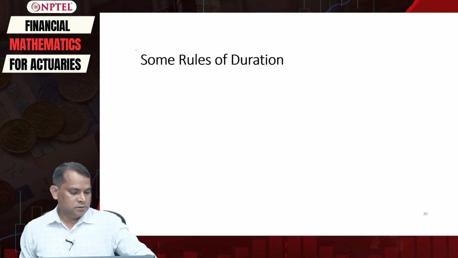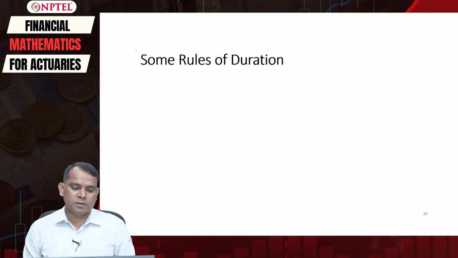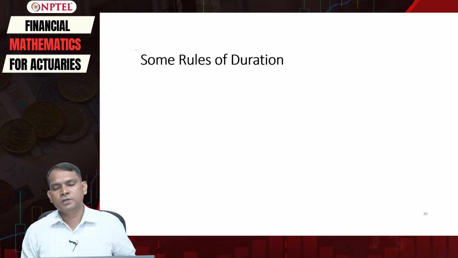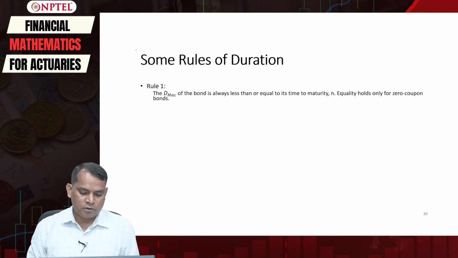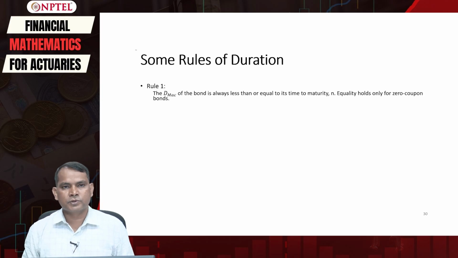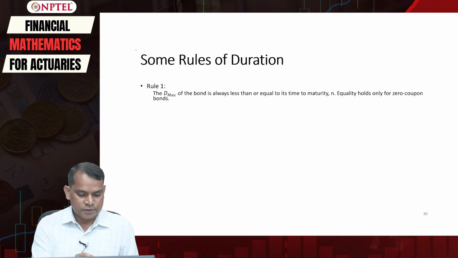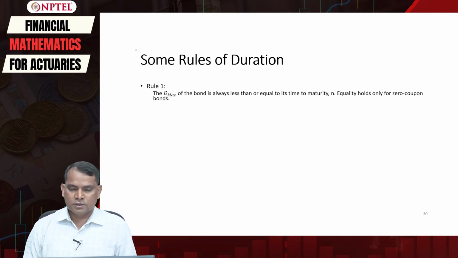Now let's sum up and understand some of the rules of duration. The first rule says that the Macaulay duration of a bond is always less than or equal to its time to maturity n. So Dmac is always less than or equal to the time to maturity n.